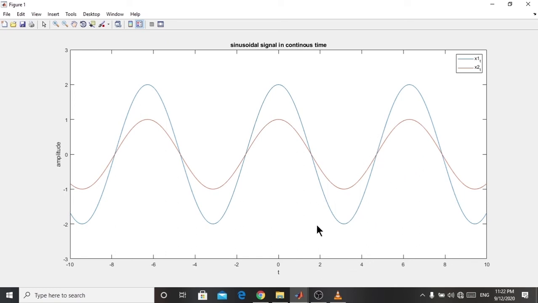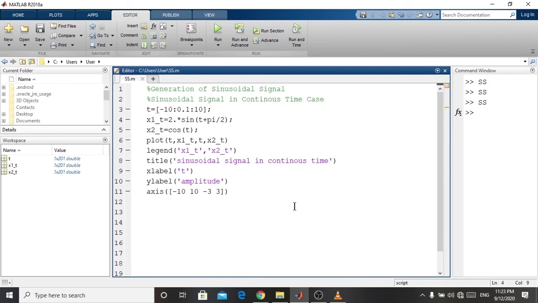That you know. Next let's do the time reversal on the cosine function. For that I convert this function to a cosine function. x1 of t is equal to cos t and x2 of t is equal to cos of minus t.